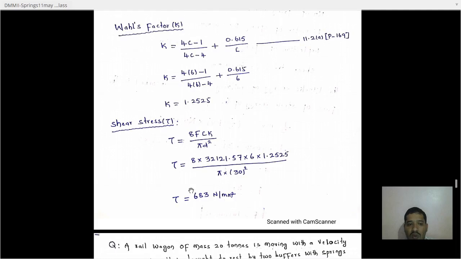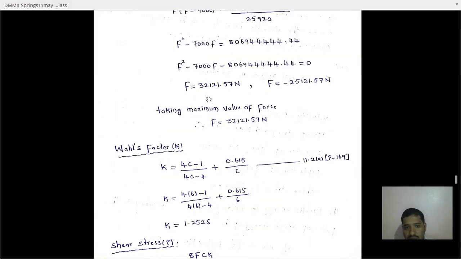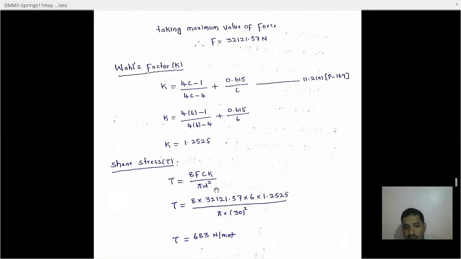After getting this value, we need to find the maximum allowable shear stress in this problem. To find it, tau equals 8 into force into spring index into Wahl's factor divided by pi into diameter square. 8 we know very well, force we already got, F is 32121.57, into C the spring index 6 into Wahl's factor 1.2525, divided by pi into the diameter of the coil, which is given as 30, whole square.